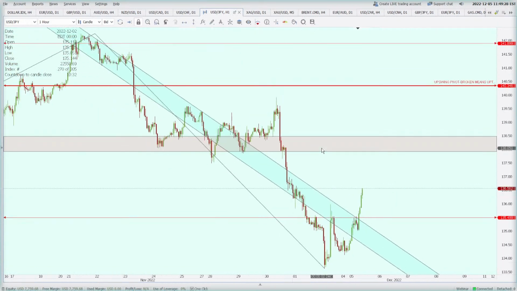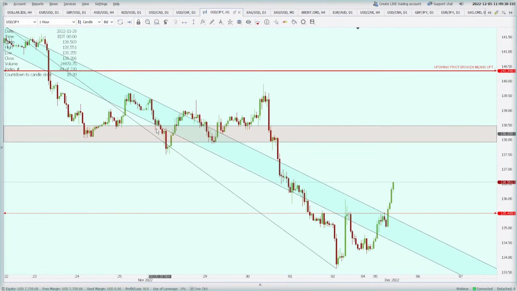You see, the price was making lower highs, lower lows. On the way down, the price made this high here and then eventually got sold, but this one here broke this high. So yes, there was an upswing, and this high was also taken out.